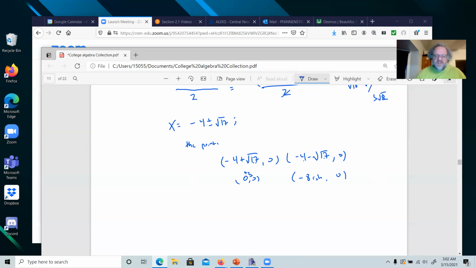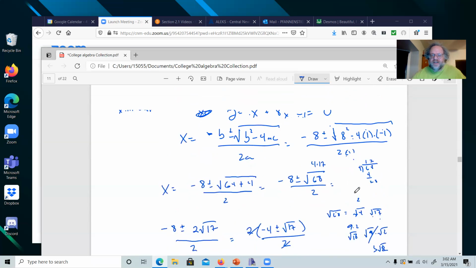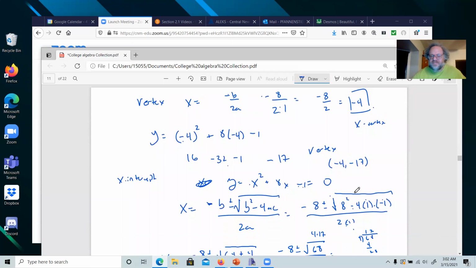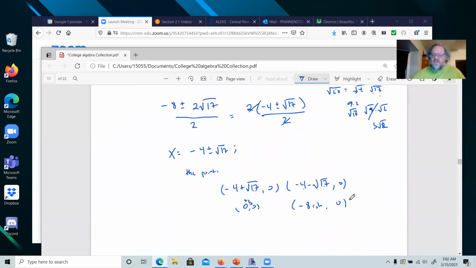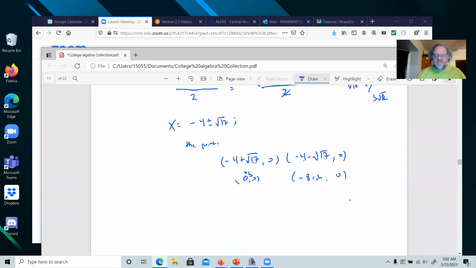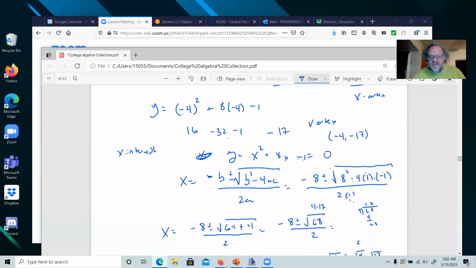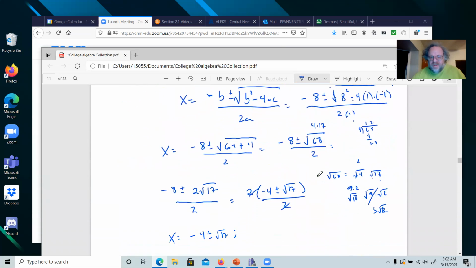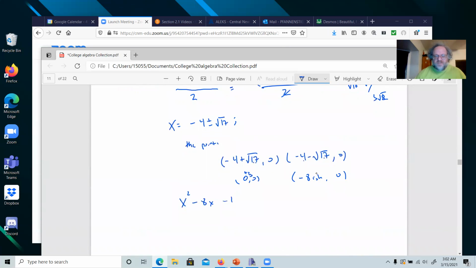All right, what was my vertex? We already did that. That was -4, -17. All right, we got our x-intercepts. The y-intercept: what do we have here? x squared minus 8x, what was it, -1? Oh, -1. So we're just going to set x equals 0 and plug it in. 0 minus 8 times 0, -1.